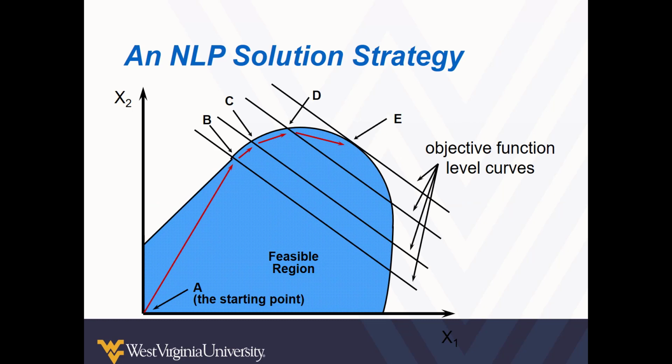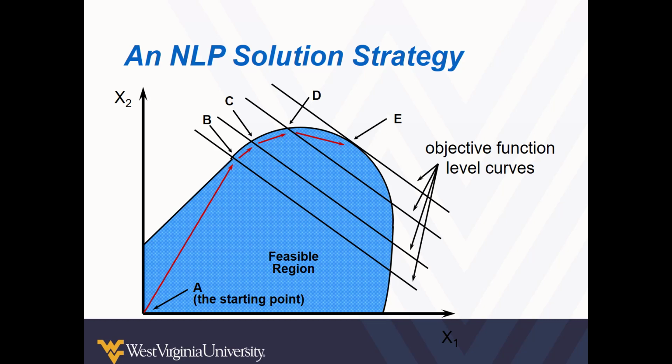So we can run into some challenges when we're trying to solve nonlinear programming problems. In this case here, we see that the feasible region takes this rounded shape.